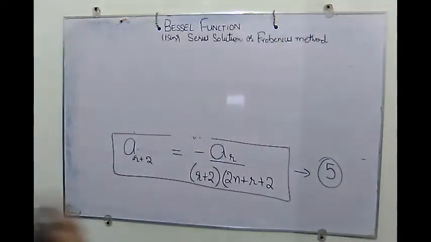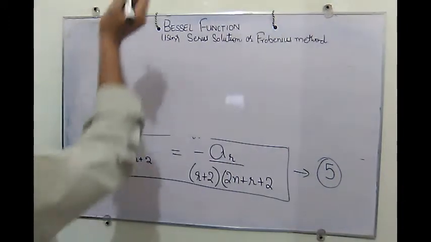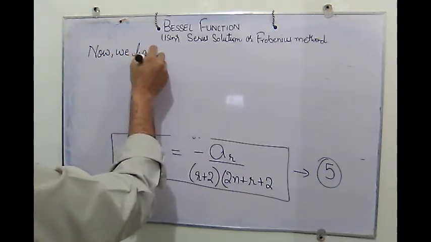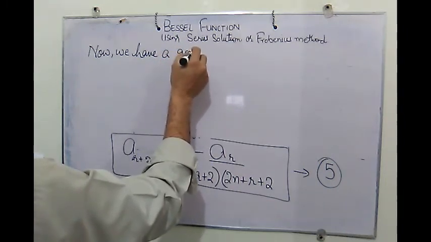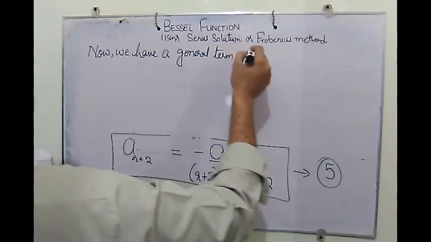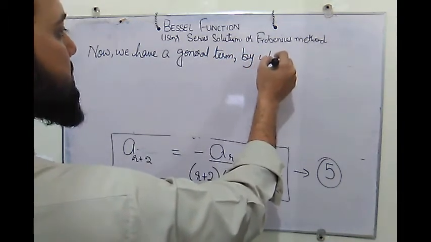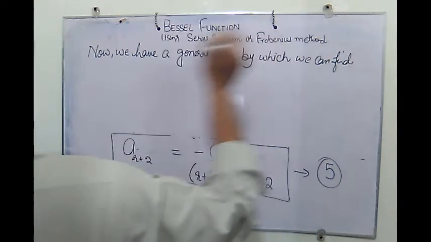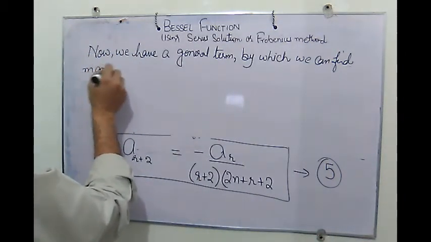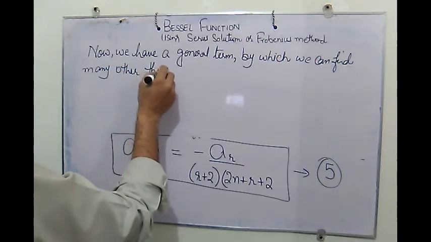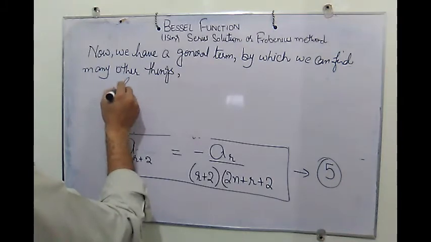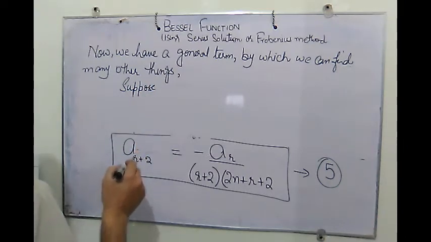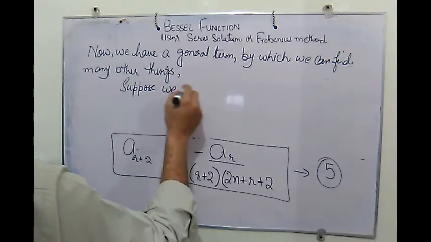Now by equation 5 we can find all the coefficients. Suppose we want to know the coefficient a2, because we have found a0, a1, and now we are interested in a2.